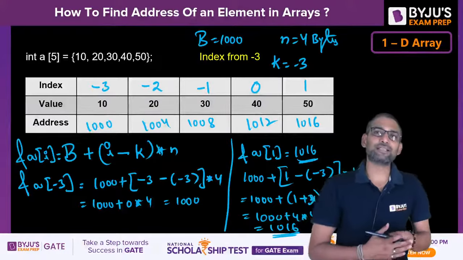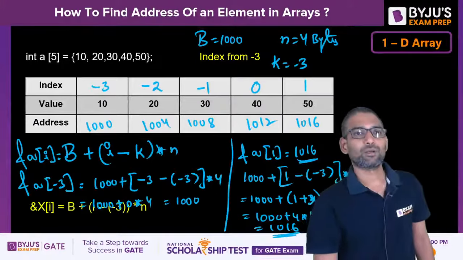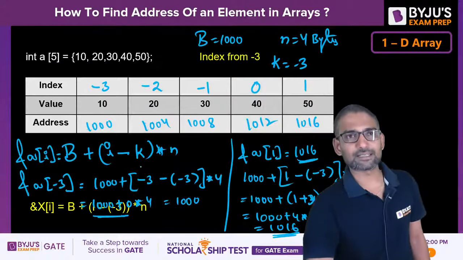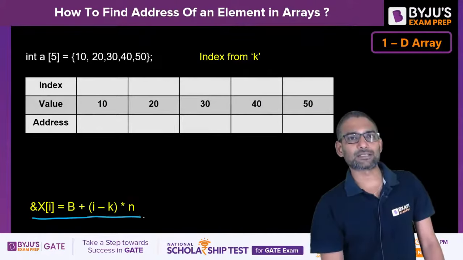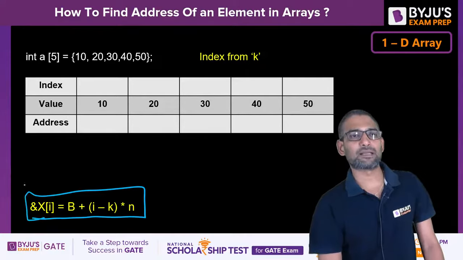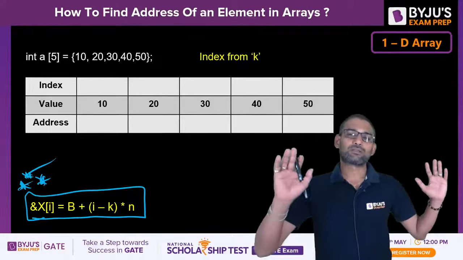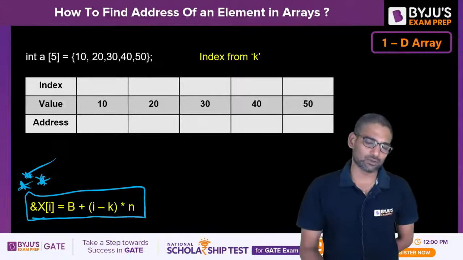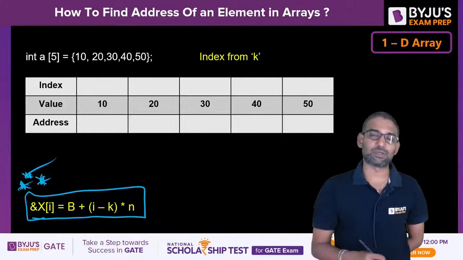So, if the index starts from minus 3, what do I have to do? B plus I minus of minus 3. So, if the index starts from k, what can I take? Base address plus I minus k multiplied by n. So, now you got it for any index, whether the index starts from k or 0 or 1 or minus 2, any integer number you take.